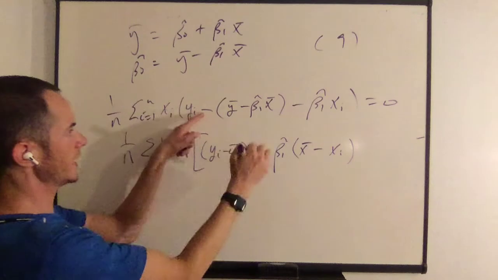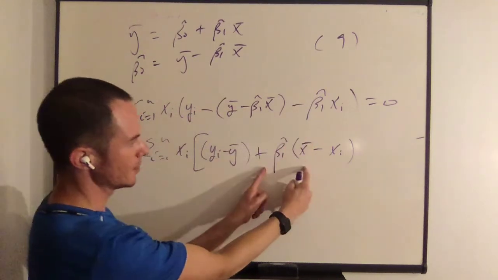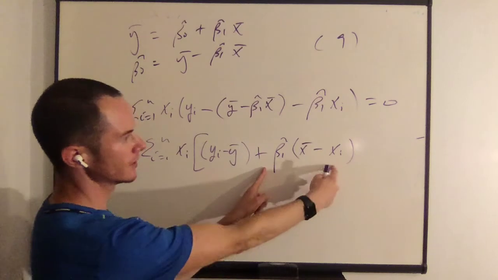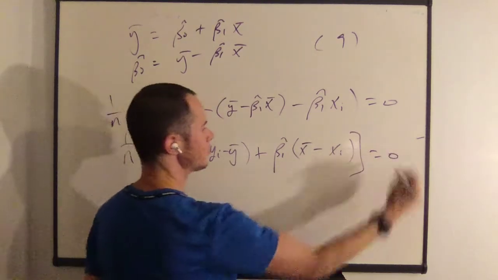The negative times a negative makes it a positive. This one is a negative. So you have positive beta 1 hat times x bar, negative beta 1 hat xi. Close brackets, equals 0.